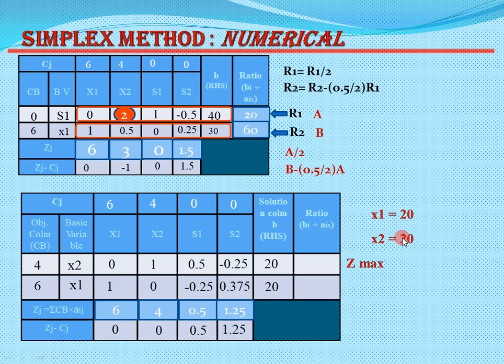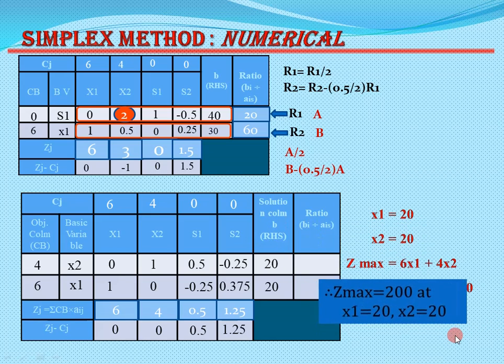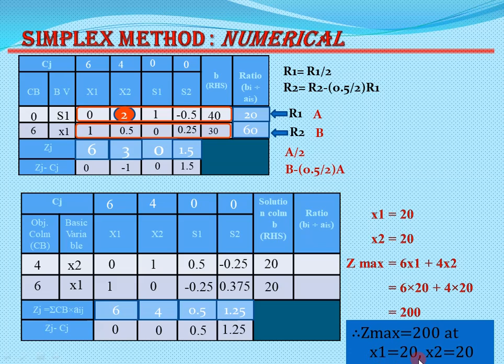And by putting these values in the given objective function, we get 6 into 20 plus 4 into 20, which will be 200. So the solution for this given objective function, that is the maximum value of z, is 200 at x1 equal to 20 and x2 equal to 20.